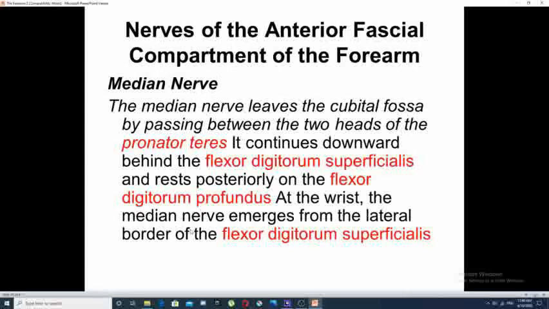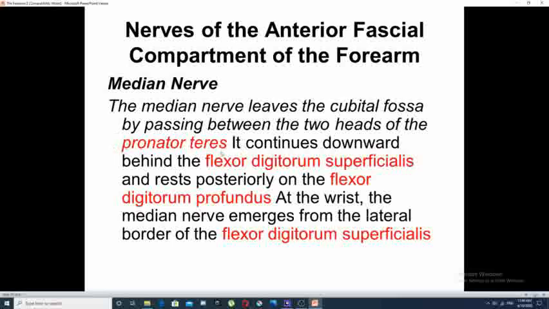Another important content in the anterior compartment of the forearm are the nerves of the anterior compartment of the forearm. The first is the median nerve. As you know, the median nerve is an important branch from the brachial plexus, coming by two roots from the medial cord and lateral cord of the brachial plexus. The median nerve enters the forearm from the cubital fossa by passing between the two heads of the pronator teres muscle.